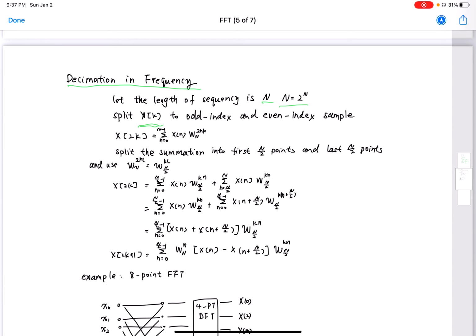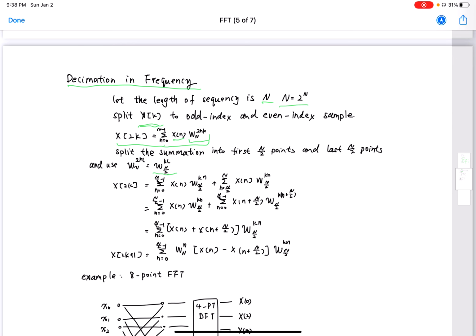So here the even index is X[2k] equals the summation of n from 0 to N minus 1 of x[n] times omega N to the power of 2nk. Similarly, we can convert omega N to the 2nk to omega N over 2 to the power of nk.